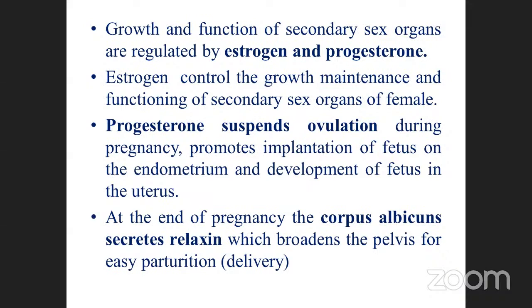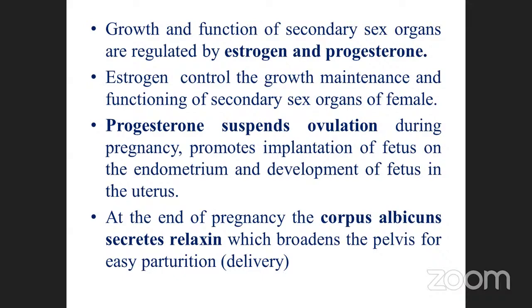Progesterone supports the pregnancy after ovulation, promotes the implantation of the fetus on the endometrium, and the development of the fetus in the uterus. This is very important. Without fertilization, what happens? There is no implantation of the egg on the endometrium, the uterine wall. Progesterone is responsible for promoting the implantation. This is a very important one.